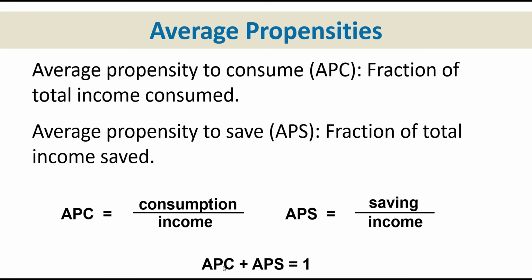And once you calculate your average propensity to consume, you have a nice, neat relationship between the two. When you get your income, if you don't consume it, you save it. So the APC and the APS, when put together, they have to be equal to 1.